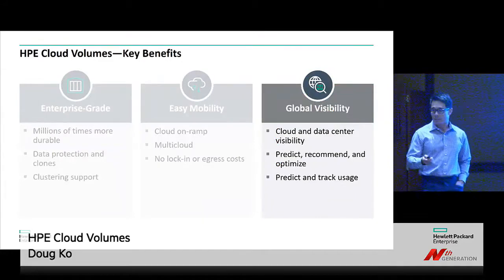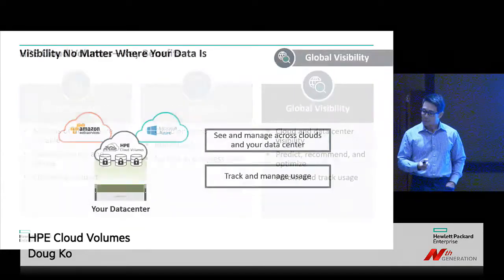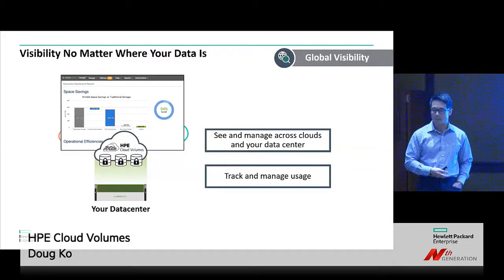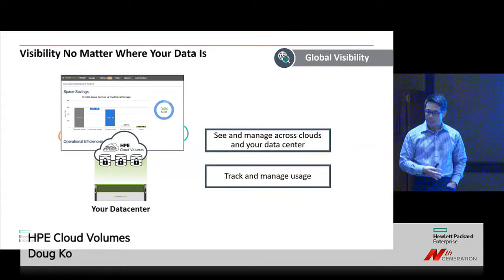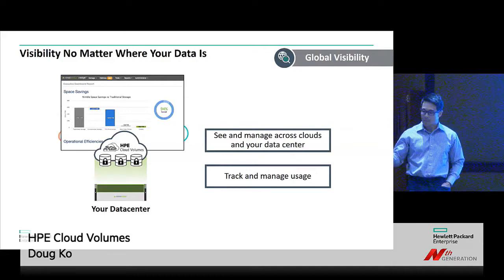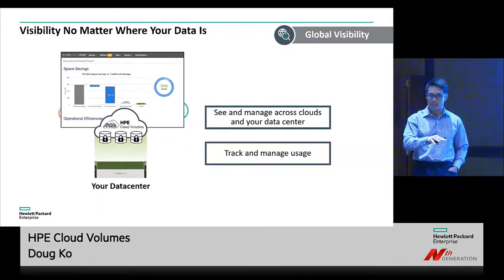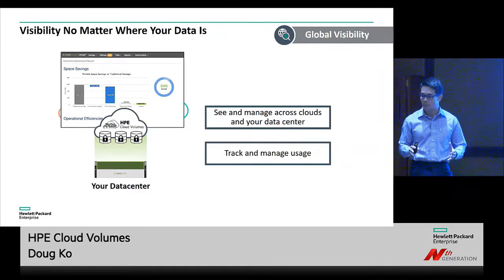And the last point is really around global visibility, and then we'll get to the demo. One of the key things, as Calvin touched upon with InfoSight, is having full visibility across the stack, and now we are extending this into the cloud with Cloud Volumes. Seeing where your data is, whether in the cloud or on-premise, is going to be huge for customers.